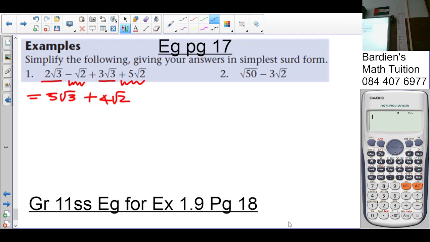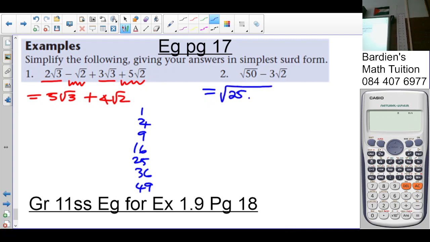Let's look at number 2, the square root of 50 minus 3 root 2. With this question we should be asking ourselves: what is the biggest perfect square that is a factor of 50? And what are perfect squares? We know it's going to be 1, 4, 3 squared is 9, 4 squared is 16, 5 squared, 6 squared, 7 squared, and so on. So the largest perfect square that is divisible by 50 is going to be 25.